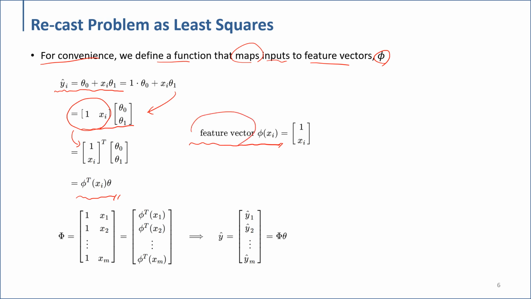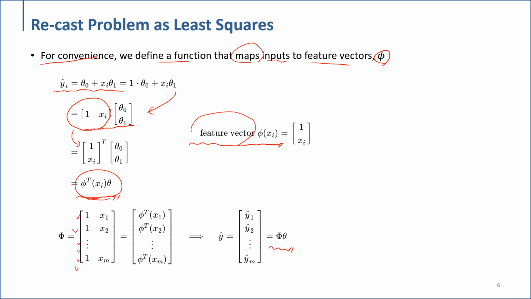Here we're going to call this phi vector, which is equal to 1, x_i, a feature vector. In this form, by writing each dataset element in each row, we can construct y hat equal to phi times theta.